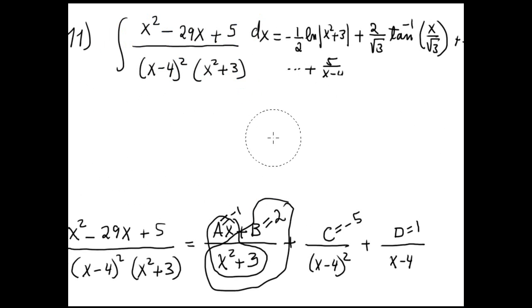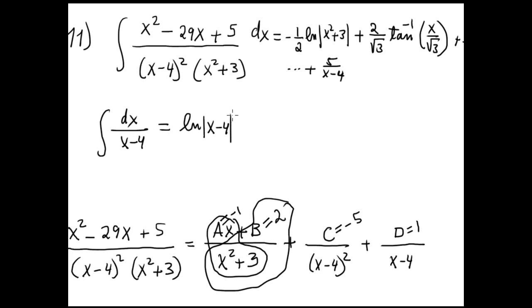The last one is integral dx over x minus 4. This is pretty easy. This is natural logarithm of absolute value x minus 4 plus the arbitrary constant. And this is the final answer.